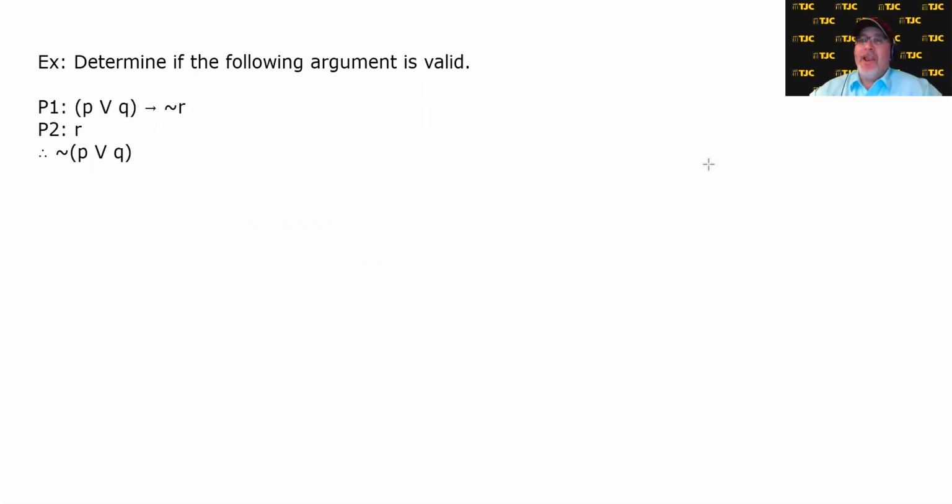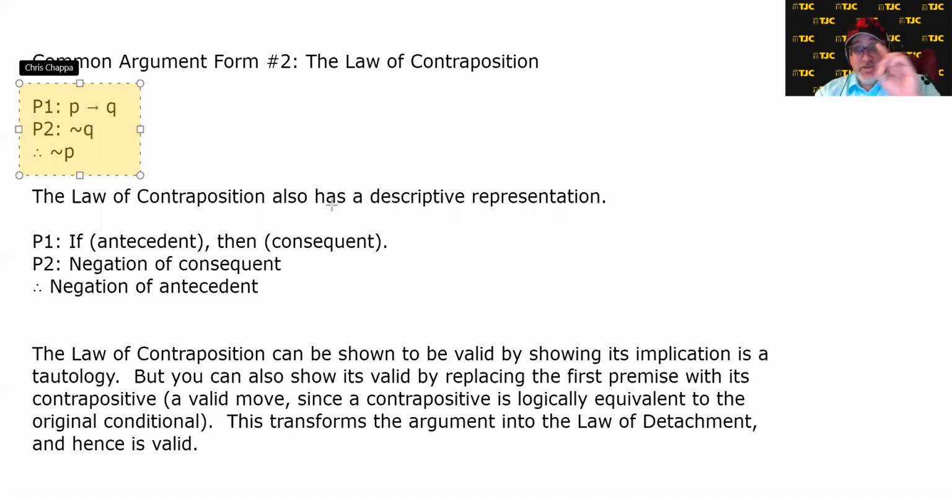I want to do one more that's symbolic in nature, but we're not going to need the truth tables, because sometimes these laws are very stealthy, very disguised. If you were to look at this one, the first premise being the disjunction of P and Q pointing to the negation of R, and then the second premise being R, and then the conclusion being the negation of the disjunction of P and Q. Doesn't look anything like this, but it does look a lot like that.